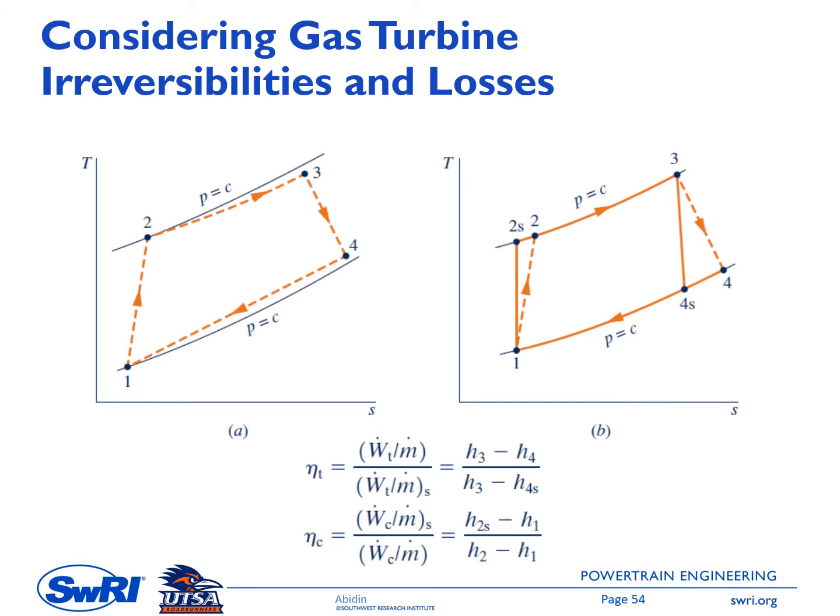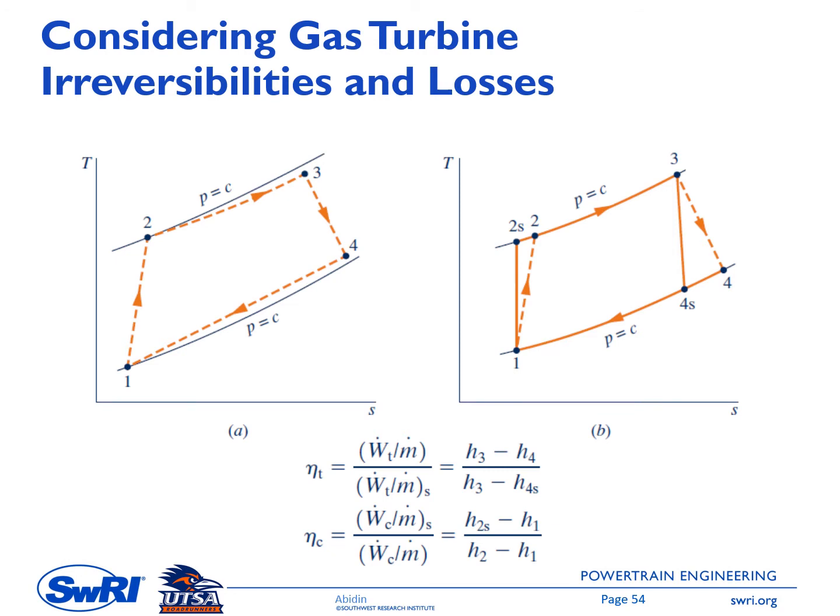The next topic is considering gas turbine irreversibilities and losses. In an actual system, we will see some losses at each component. For example, the process inside the turbine and inside the compressor is not an isentropic process. So you will see the production of entropy at the exit of each component.